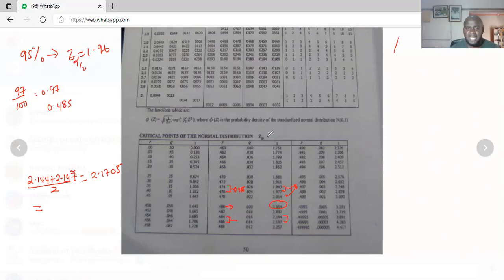4906. You'll find that 4906 is not there. You see 49, 499, you need 490. 490 is here, you have 491. In between 490 and 491, there is 0.4905, and yet you want 4906, isn't it?